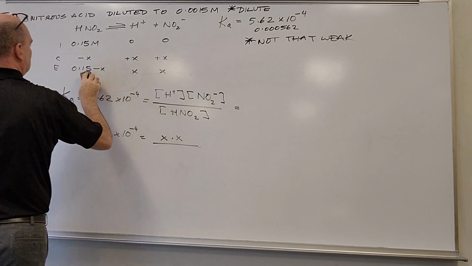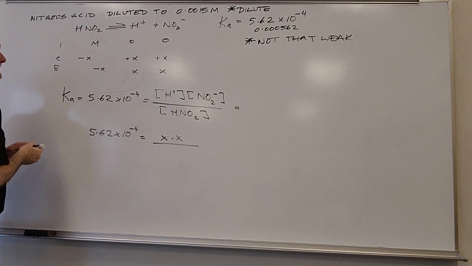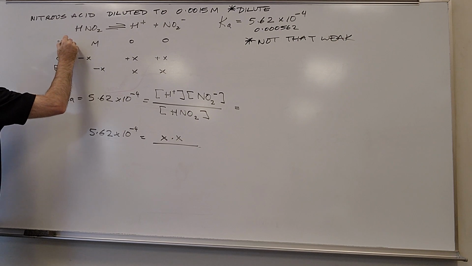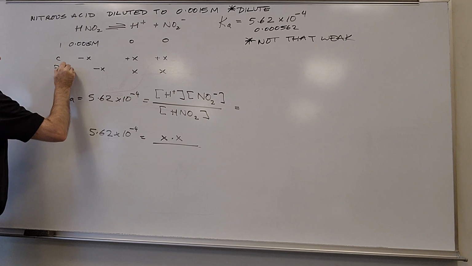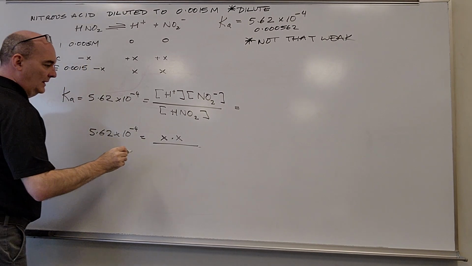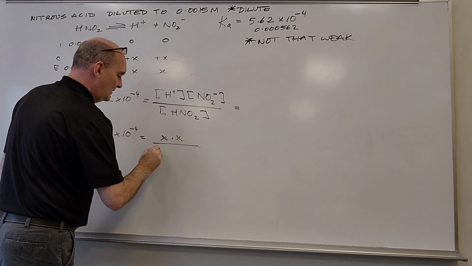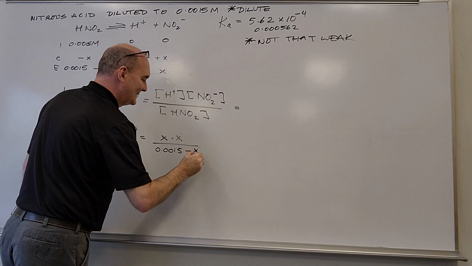Okay. Everything is set up the same way, except this is now 0.0015, 0.0015, 0.0015 minus x.